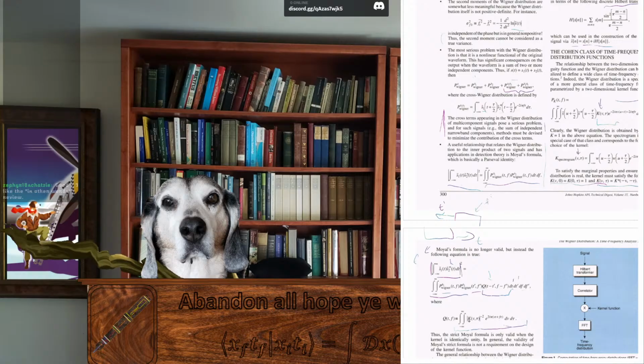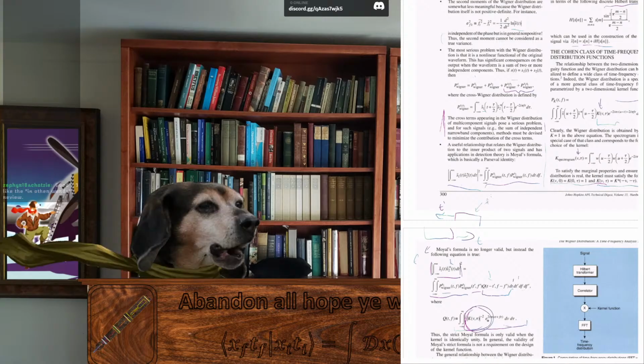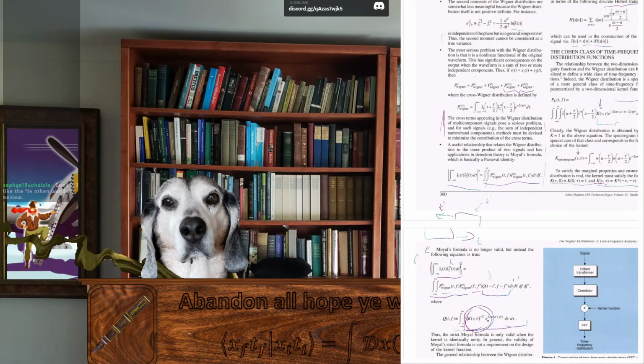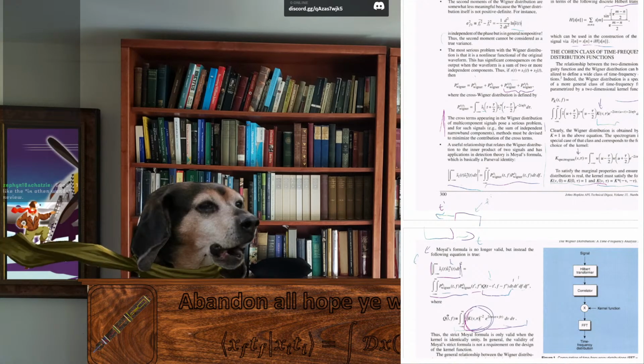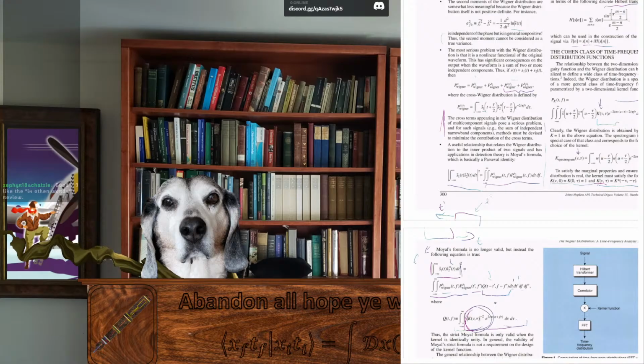So we have to convert K. K is not naturally a function of T and F; it's naturally a function of nu and tau. So we have to convert K into the appropriate variables to be able to apply this integral. Again, these are interchangeable. These are just different mathematical descriptions of the same core thing. So I can go back and forth between time and frequency as long as I do it appropriately.